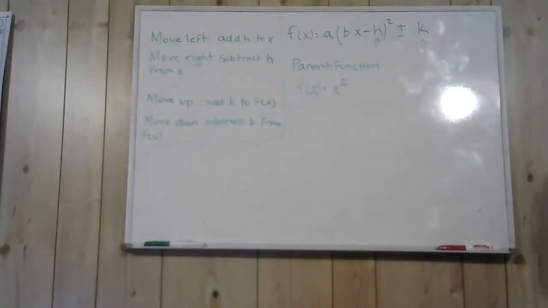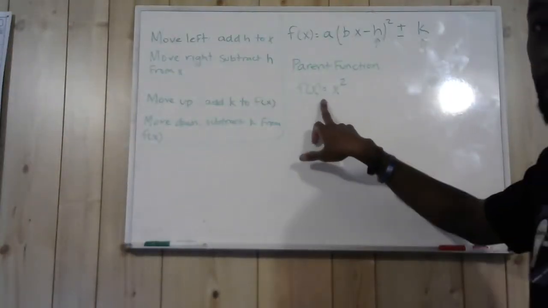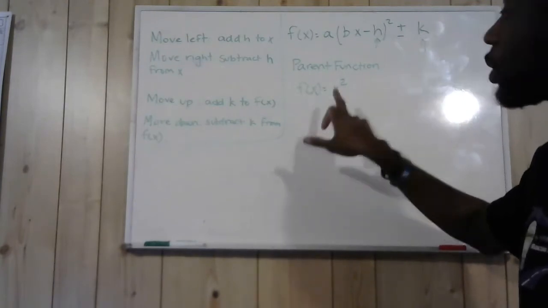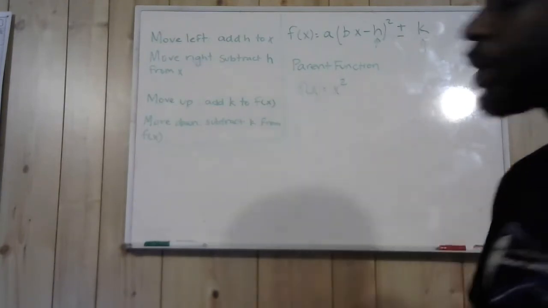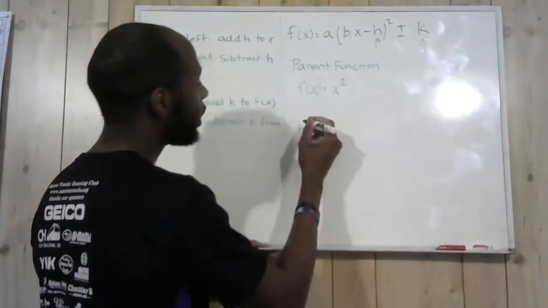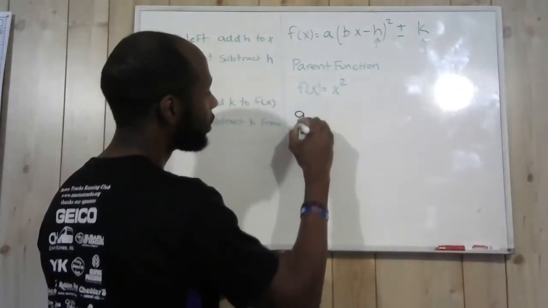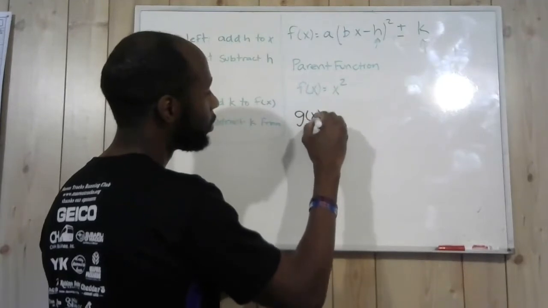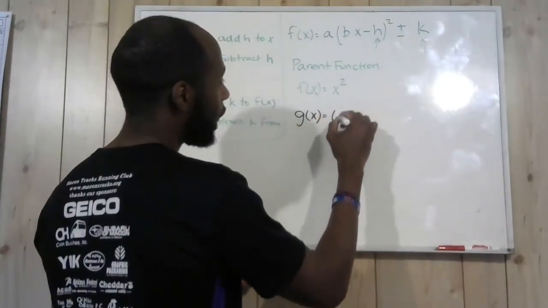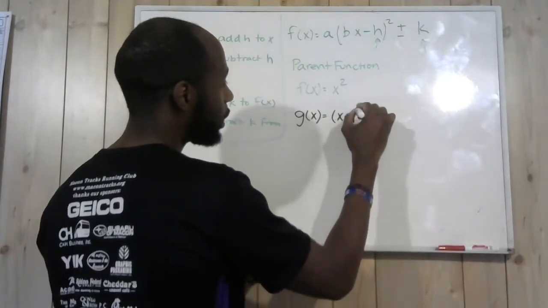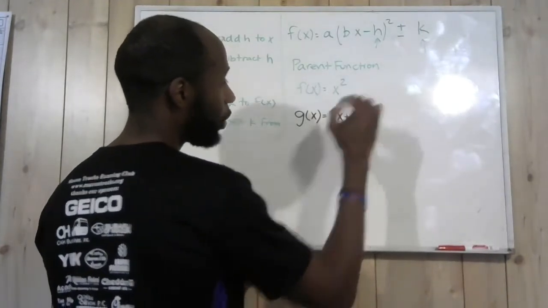Check it out. Say, again, our parent function is x squared. Let's say you have g of x is x plus 1, squared.